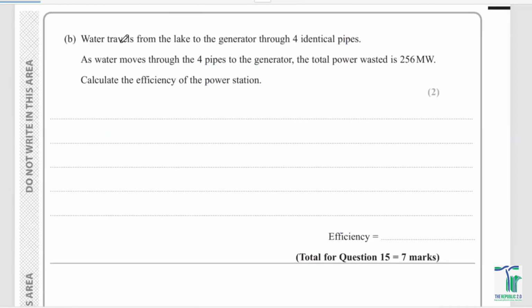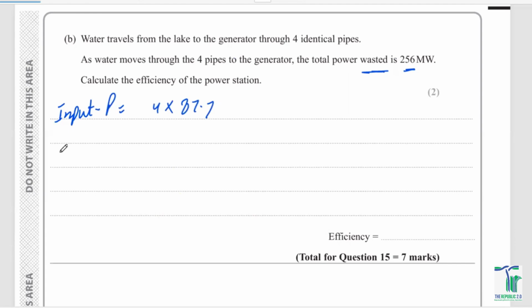The next thing, in part B: water travels from the lake to the generator through four identical pipes. Four identical pipes. So what does that mean? It means that the total input power would be 4 times 87.7, and then the power wasted is 256 watts. So the total input power has to be something like 4 times 87.7.